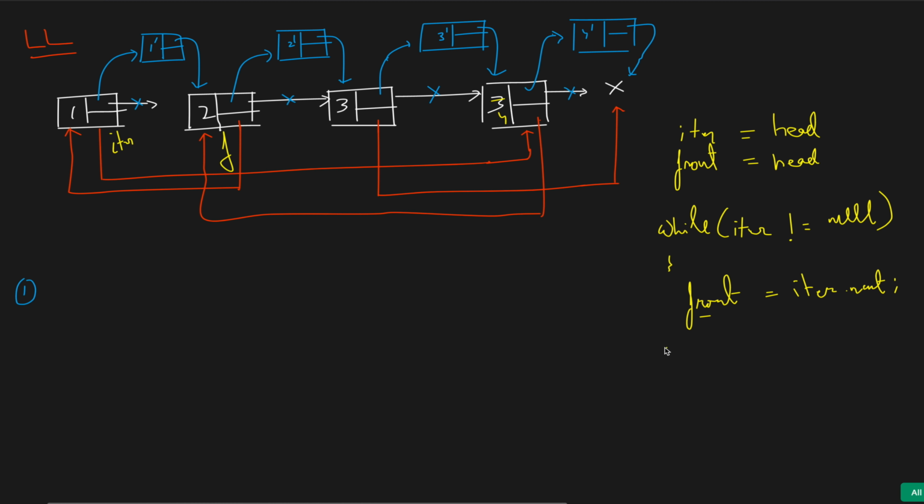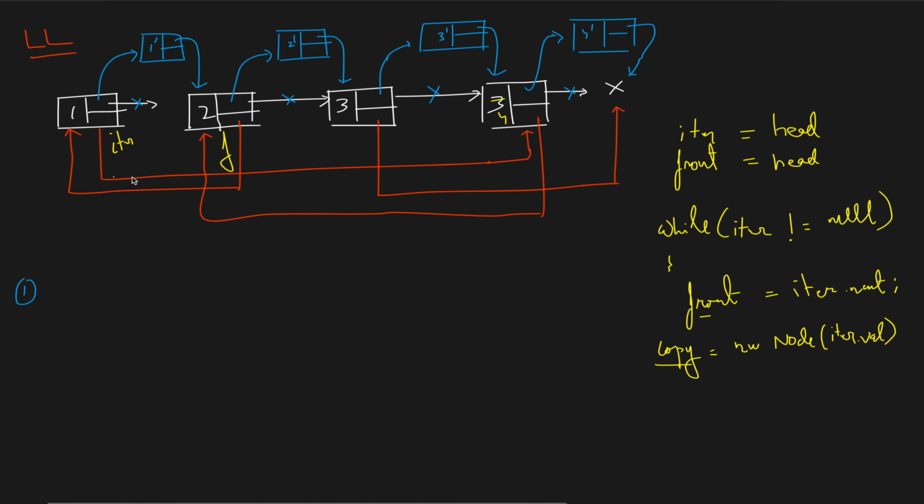After this, we create a copy node. In this copy node, we are going to initialize a new node with a value similar to this. Basically, we are creating a deep copy of the node which has the value 1. So iter was the node representing the value 1, and I created a deep copy of that node. Now it's very simple.